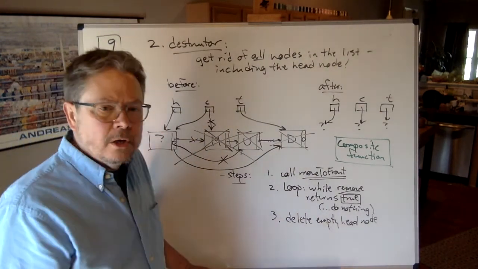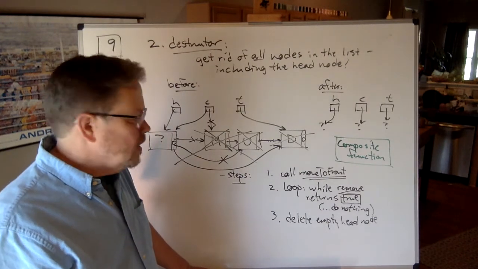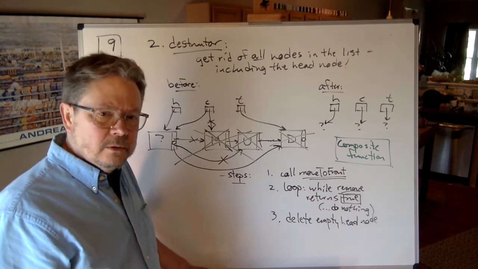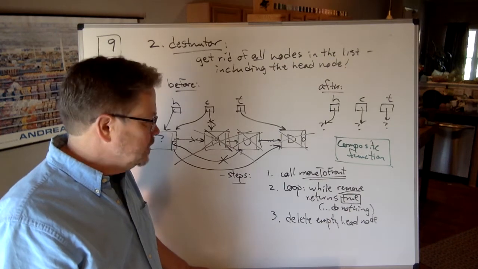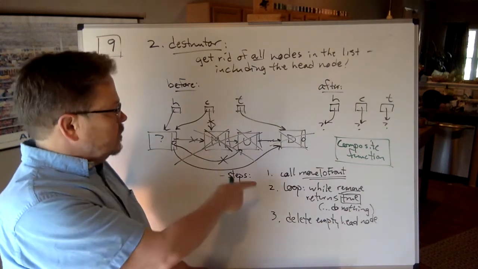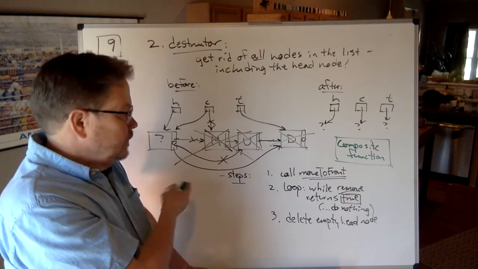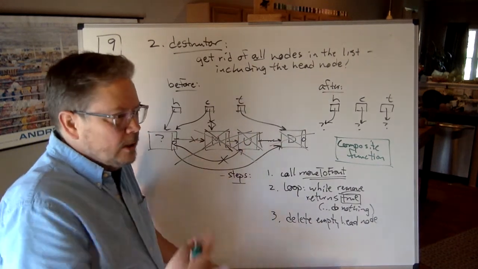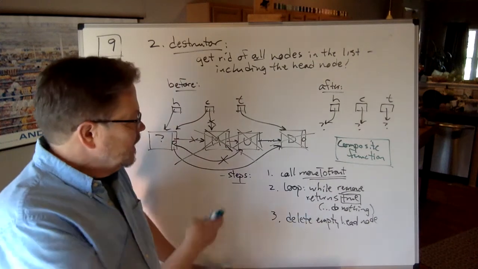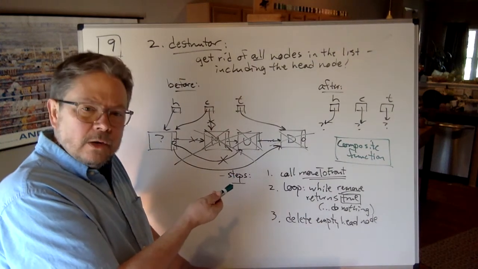And member functions can call other member functions. They're all inside the same club. They can all see each other. They can all see the private variables without doing anything special. So this destructor, which is a member function, can call move to front if it wants to. Doesn't even have to specify which object because we're inside the object. Then it can call remove over and over again in a while loop.